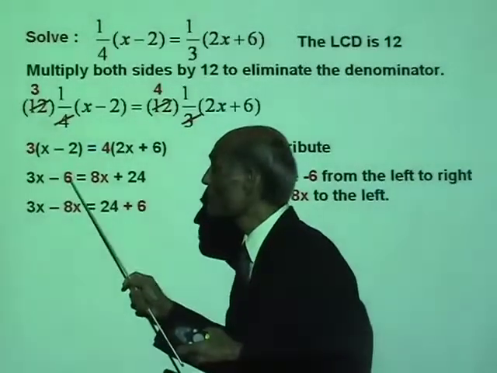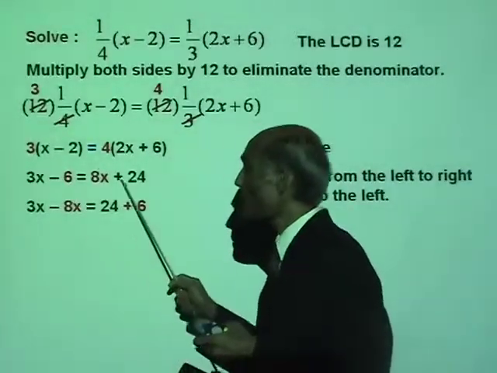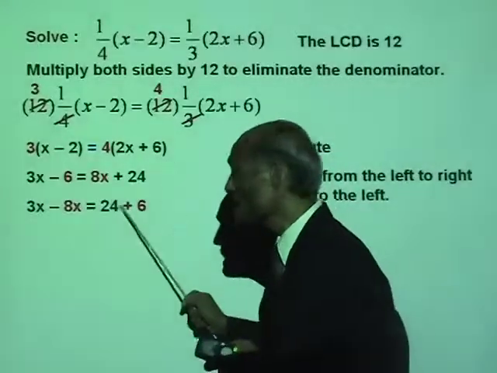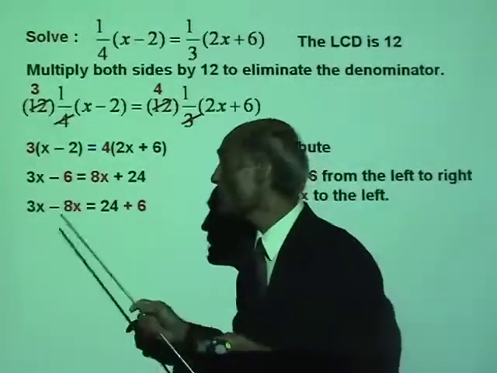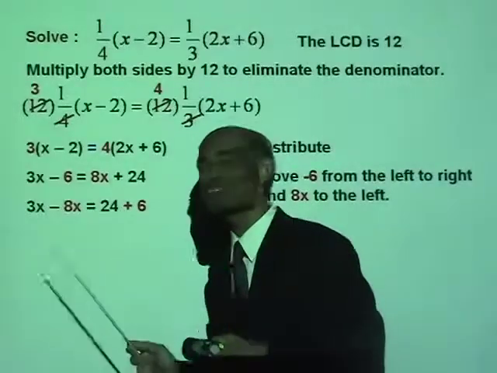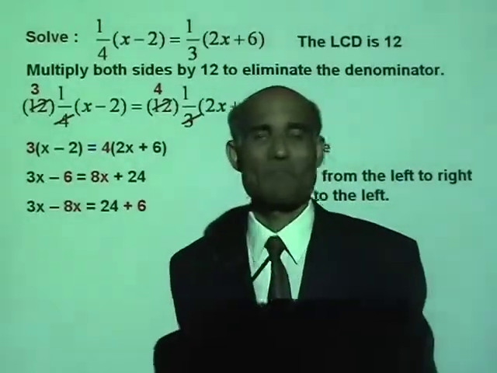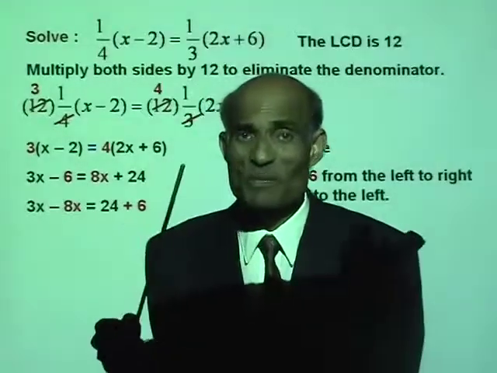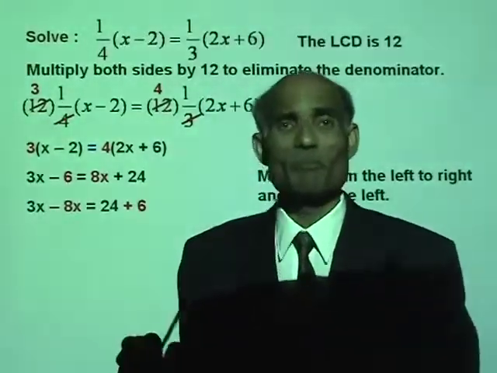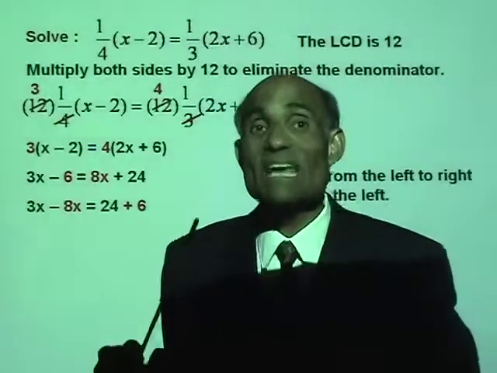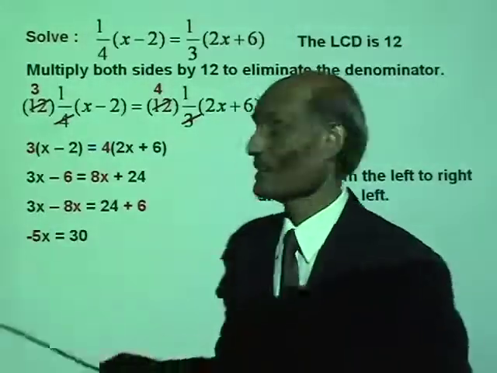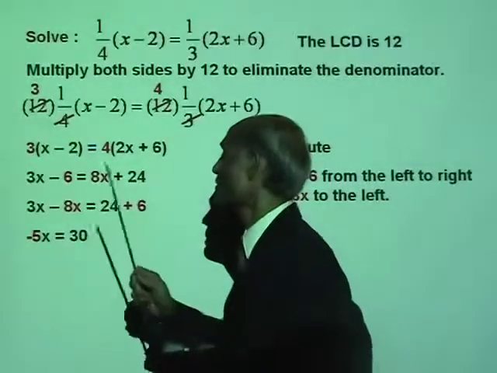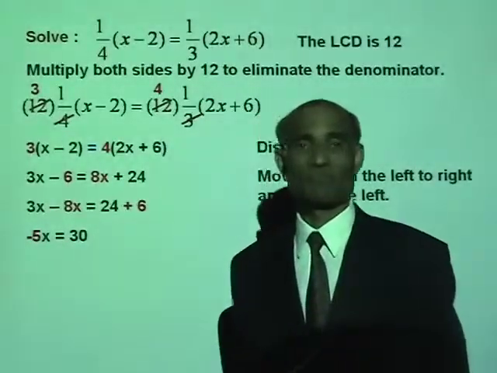And minus 6 moving from the left to the right becomes plus 6. Now simplify each side. What is 3x minus 8x? If you know your numbers, you should tell me that quickly. 3x minus 8x is negative 5x. Negative 5x equal to 24 plus 6 is 30.